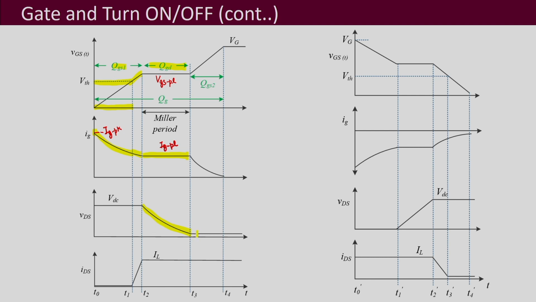After this, your device is almost on, because your voltage has reached almost towards your on state voltage, and the current had previously already reached the on state current.